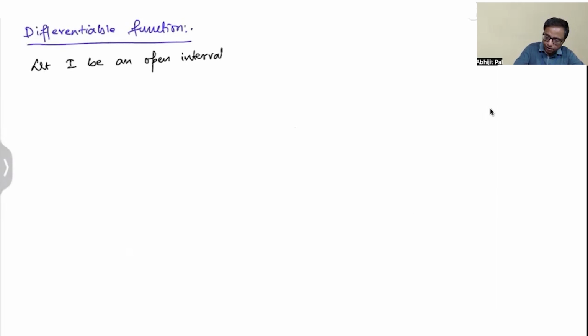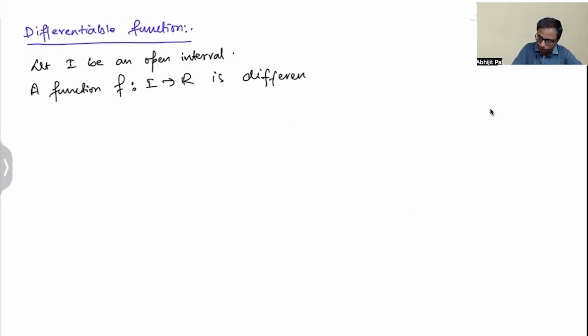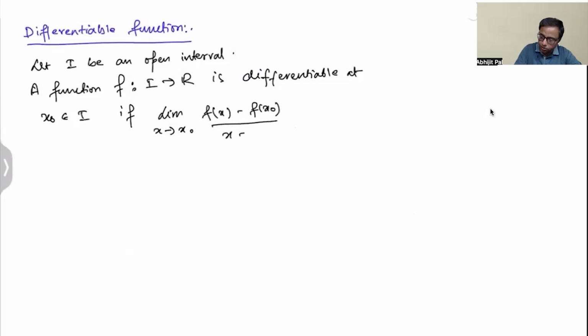A function f, a real valued function, is differentiable at x0 belonging to I if the following limit exists: limit x tends to x0 of (f(x) minus f(x0)) divided by (x minus x0) exists.